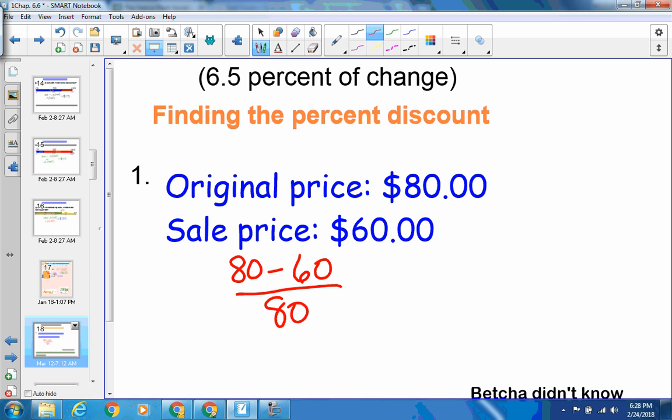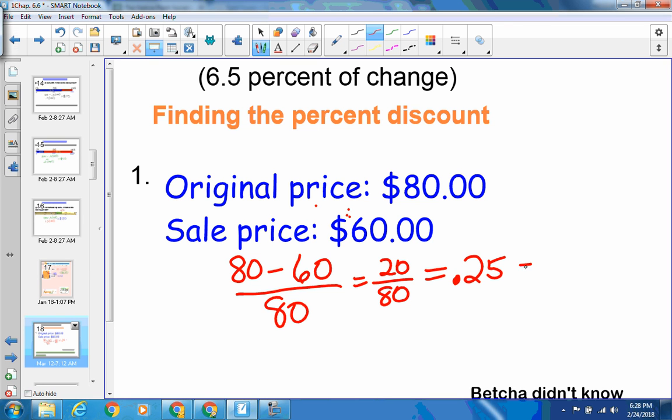We end up with 20 over 80, which is a fourth. That's going to be 0.25, and 0.25 is equal to 25%. And you can always check your answer and try out what's 25% of 80 and make sure you get 60.